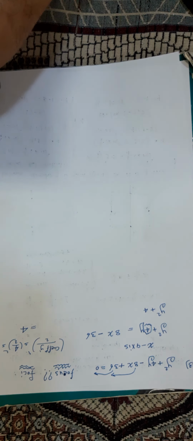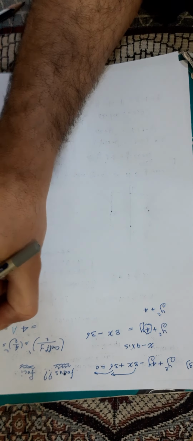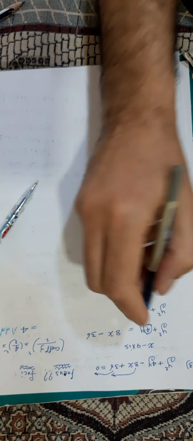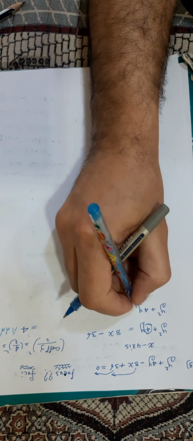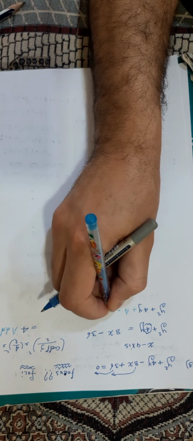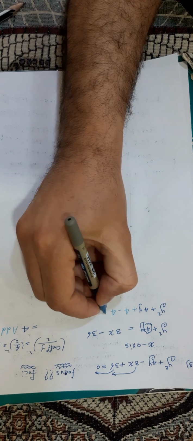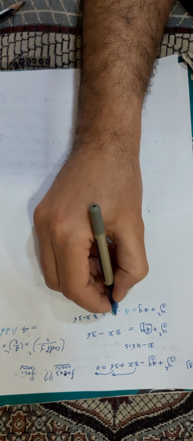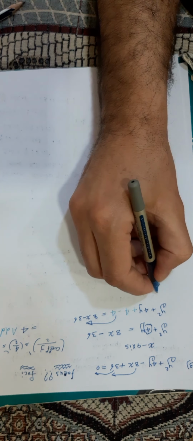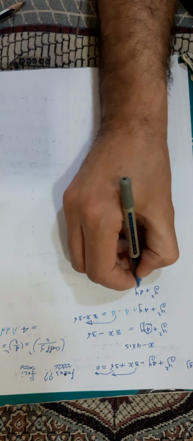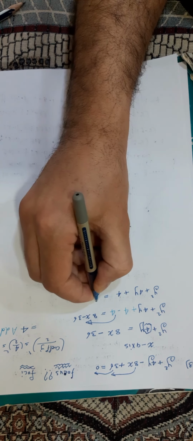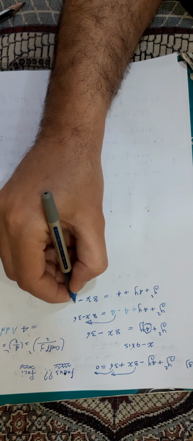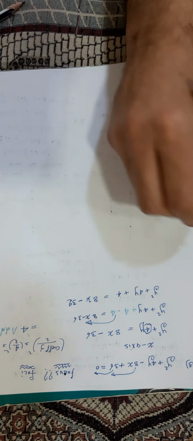We add 4 on both sides. So y square plus 4y plus 4 is equal to 8x minus 36 plus 4, which is equal to 8x minus 32.